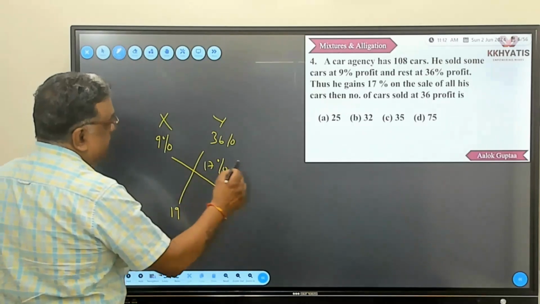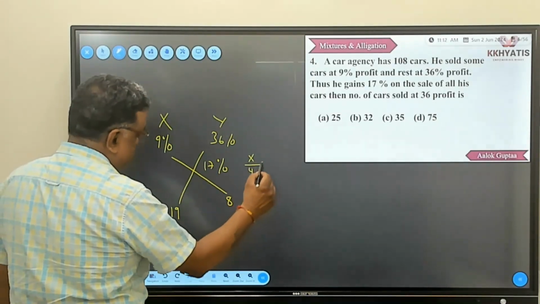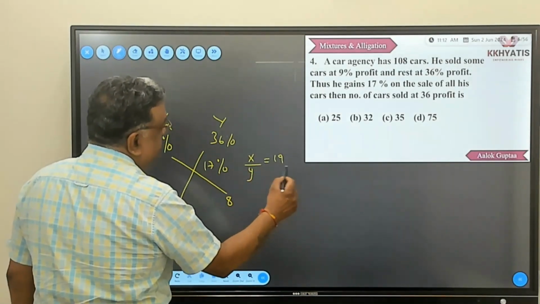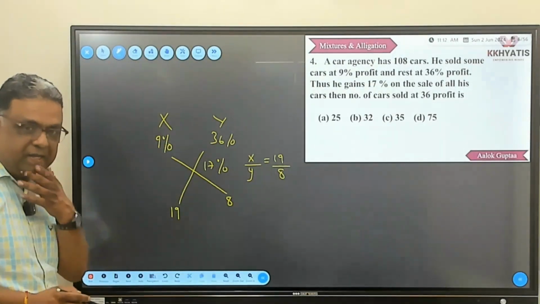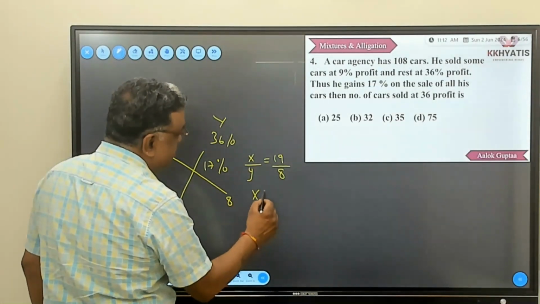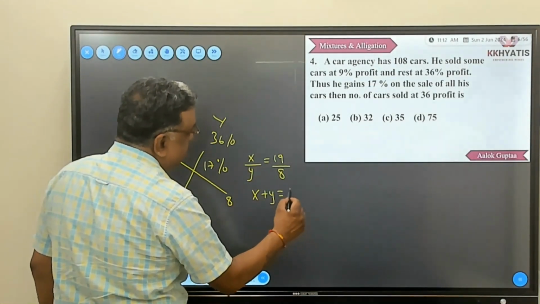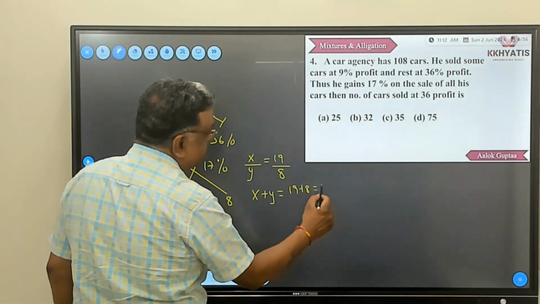So x upon y is 19 upon 8, right? Which means x plus y is 19 plus 8, which is 27.